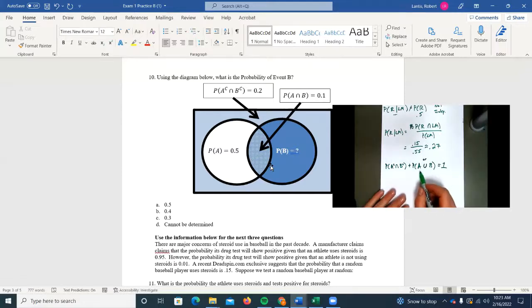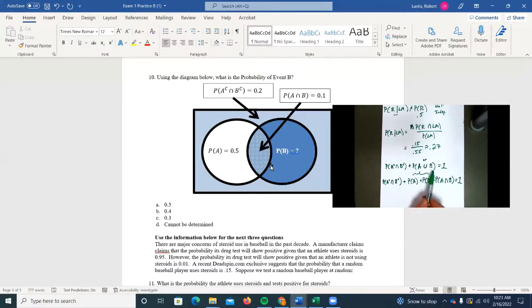Here's where I have to use the definition of the union in order to solve this. So I've got A complement and B complement right here, and I'm just going to rewrite the union. I said earlier, we can write the union as the sum of the two events, but then subtract out the intersection of those two events.